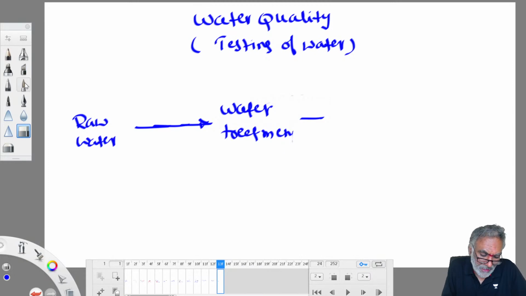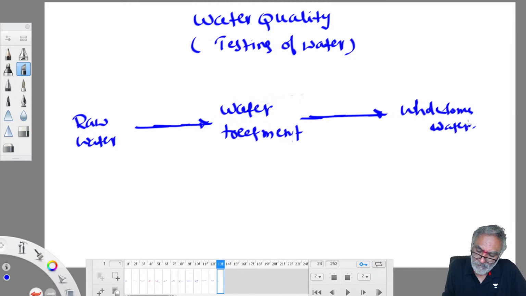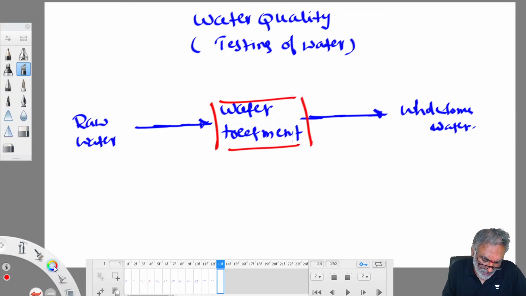Applying treatment, raw water is converted into wholesome water. So two places we come across testing water. One is raw water quality we test. Again we test treated water quality also.